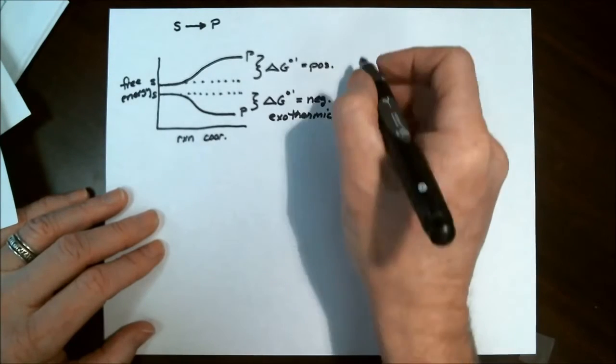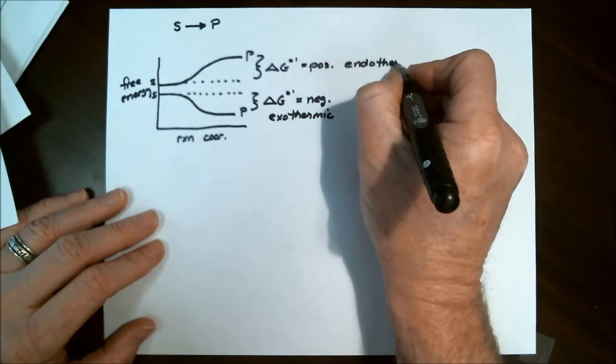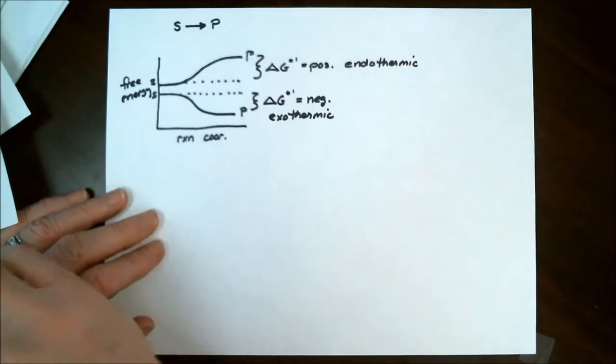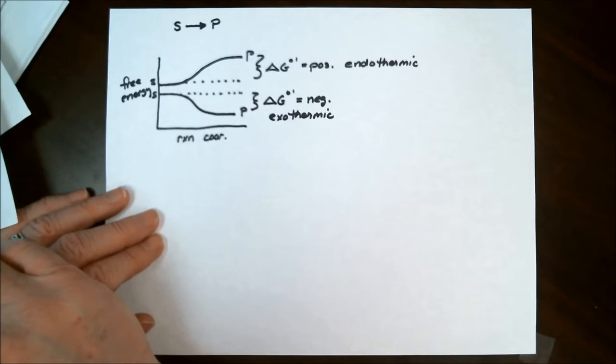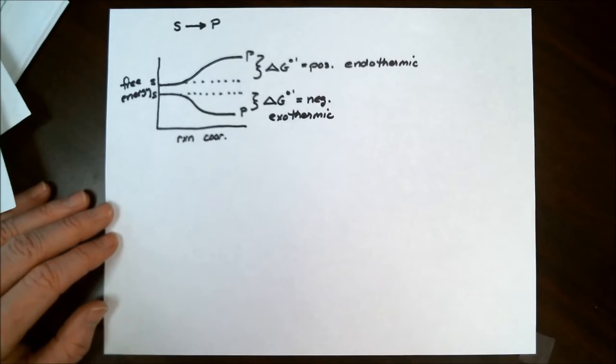In this case, this is an endothermic reaction. Essentially, it's going to require energy to transform the substrate into the product. This will not be, of course, a spontaneous reaction.